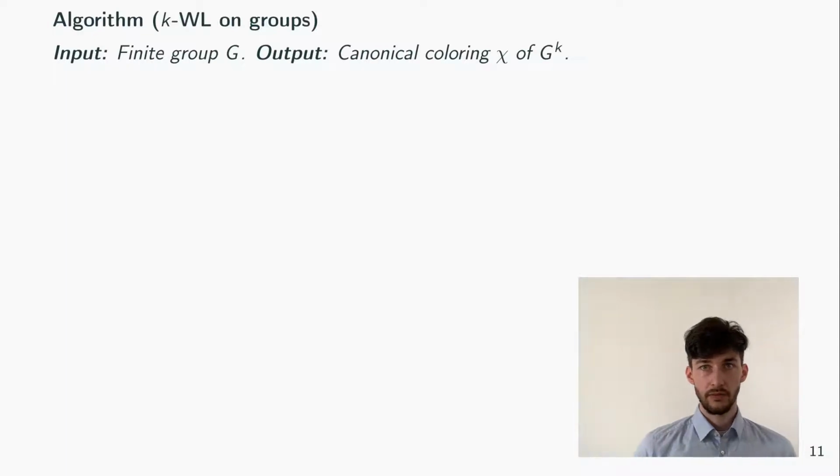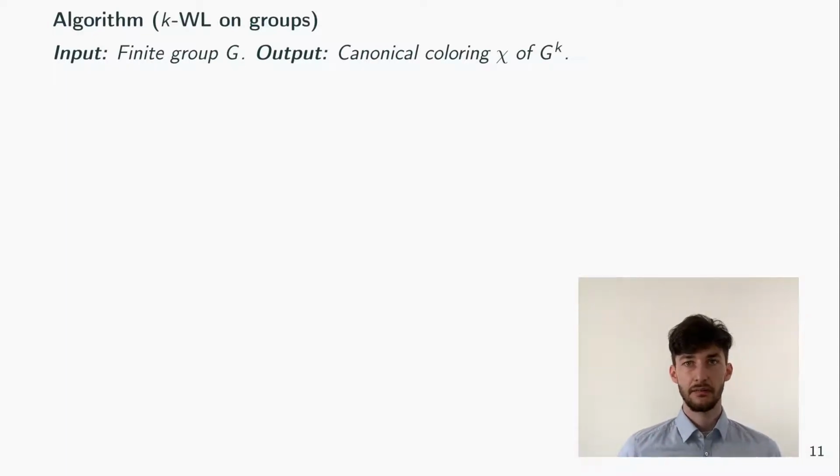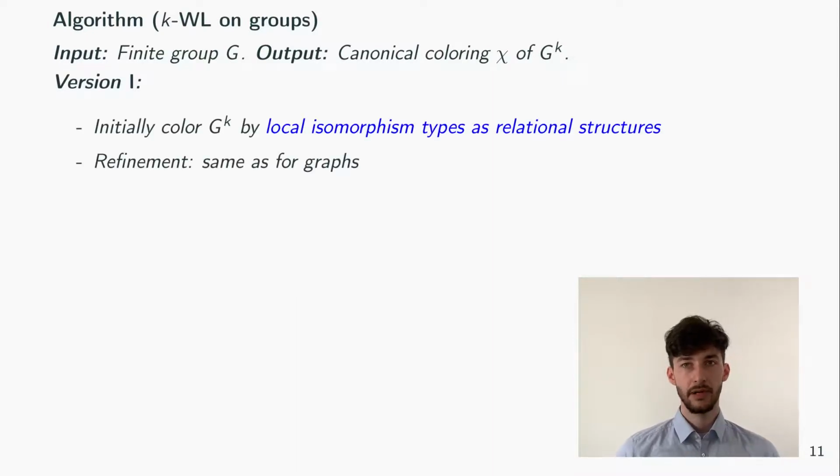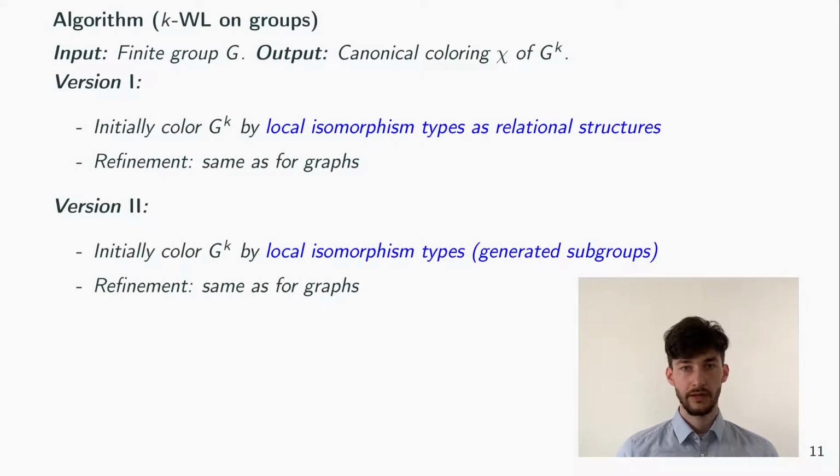And what we do here is, of course, again, the input is a finite group, and we want to compute a canonical coloring of k-tuples of group elements. And now in the first version, we just use an initial coloring by local isomorphism types of tuples. And then in the second version, we use an initial coloring by the other local isomorphism types, so these two notions defined on the last slide.